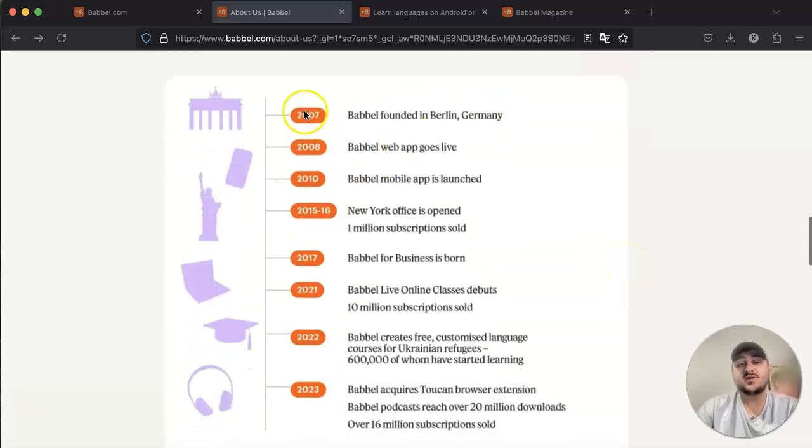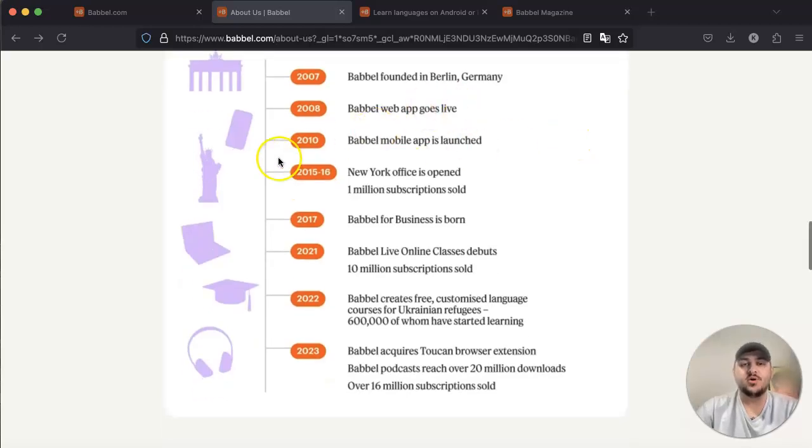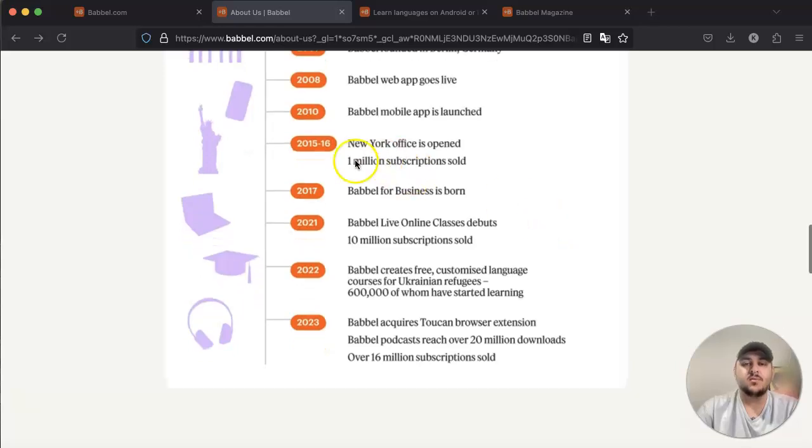It did start in 2007. It was founded in Germany here. And then the app went live in 2008, the web app, and then the mobile app in 2010 when the phones were on the rise. Looks like the US opened a first business in 2015. And then the business aspect of the app was 2017, and it's grown since then. Live classes just in the last 4 years. And then some free customized language courses for the Ukrainian refugees.